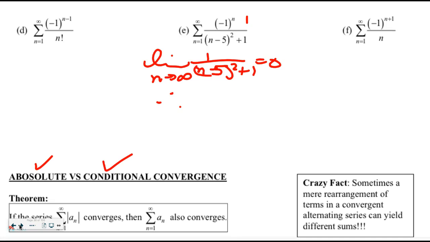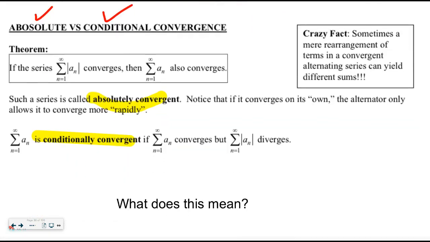So it actually needs that every other term being a minus to pull it to 0 and have it converge. That's why, when I keep saying it needs or doesn't need the alternator, these are highlighted. You do, and they'll be on my test, and they're actually also a double hit. My test and the AP test will reference absolute and conditional convergence.